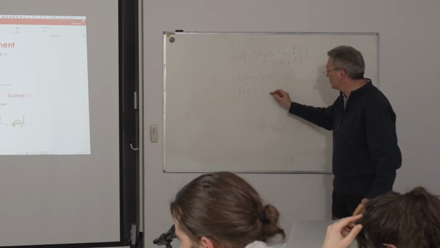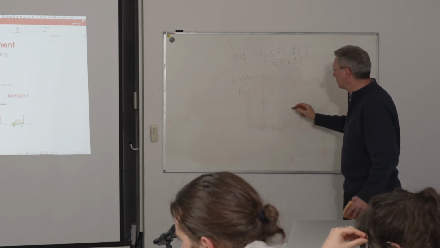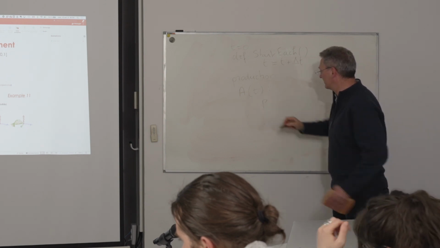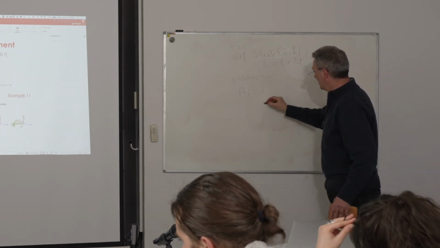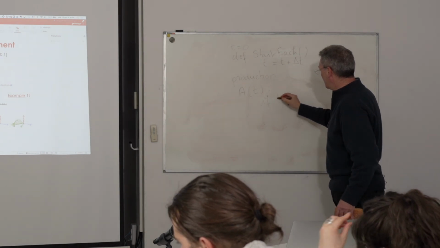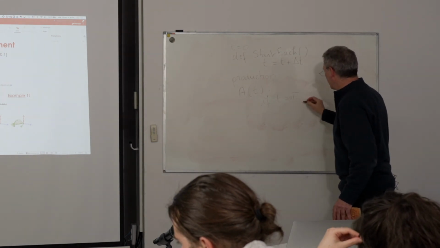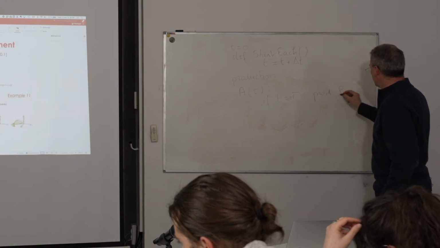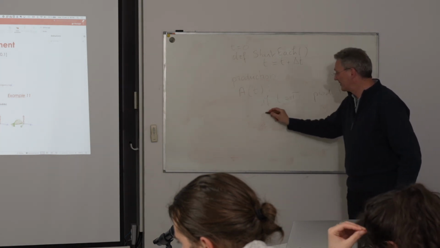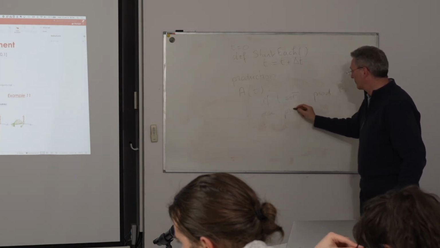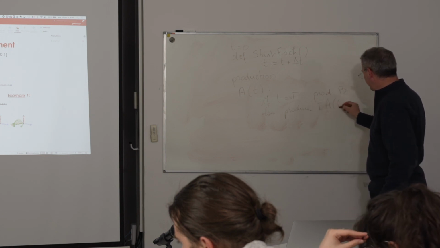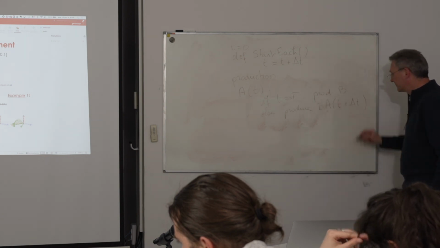So you have A of t, and then you would produce: if t equals t, so it's exactly the same, then you produce a B, and else you would produce I followed by A of t plus delta t.